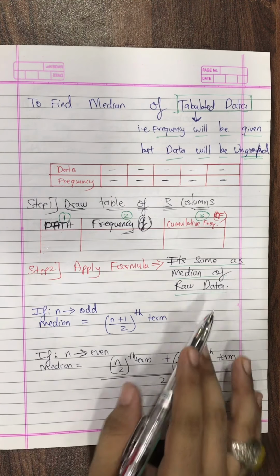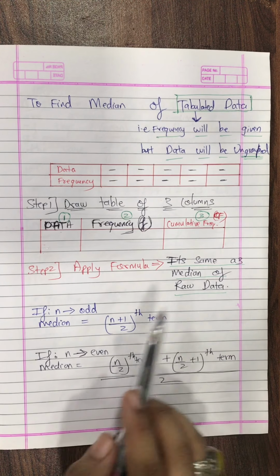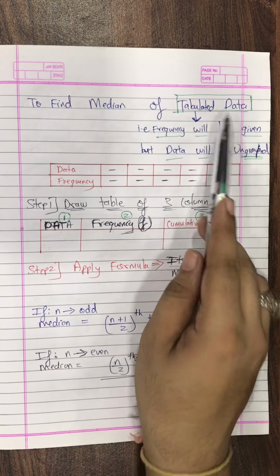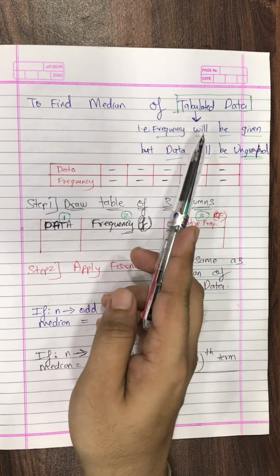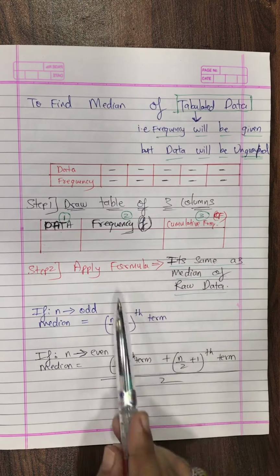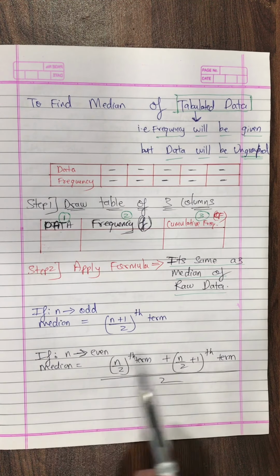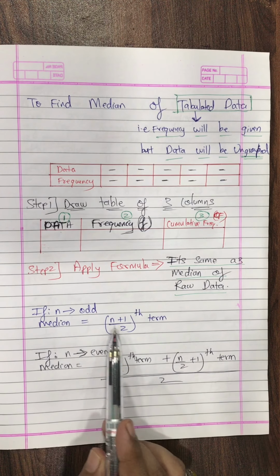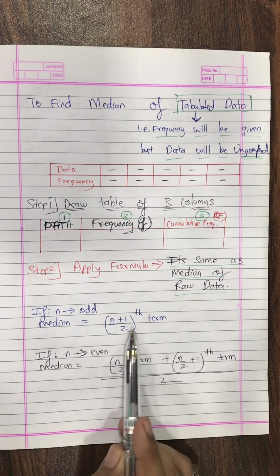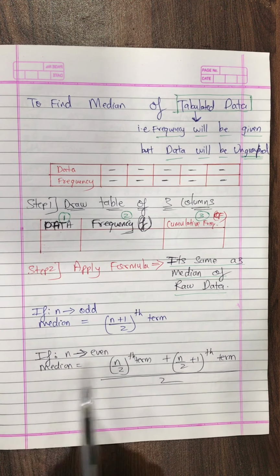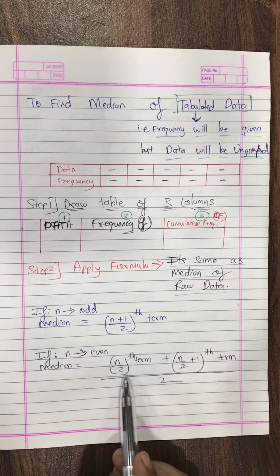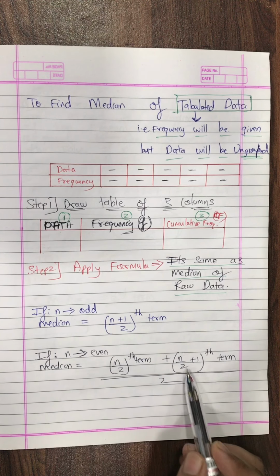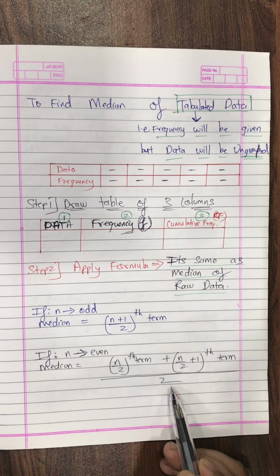The formula remains the same. The formula for finding the median of raw data, which we did in the previous lecture, remains the same for tabulated data, but just for revision I have copied it once again. N is the number of terms, so if n is odd, median is the (n plus 1) upon 2 th term. And if n is even, it's the n upon 2 th term plus the (n upon 2 plus 1) th term, the whole upon 2.